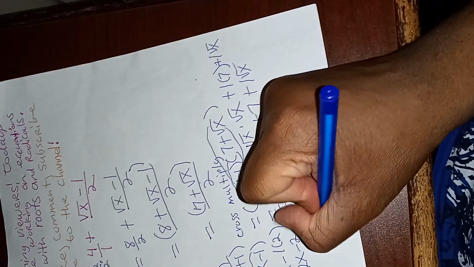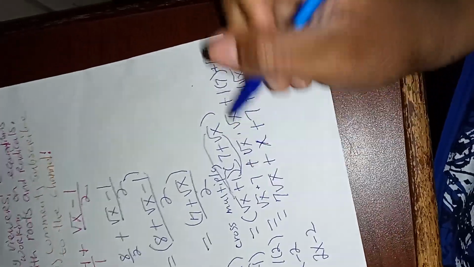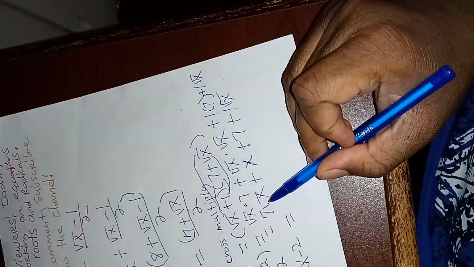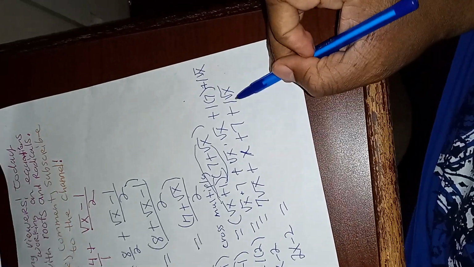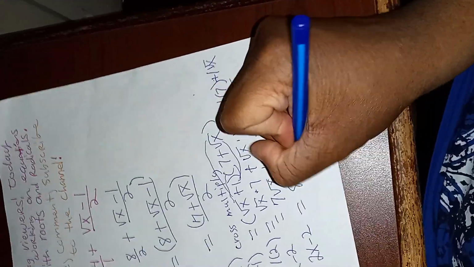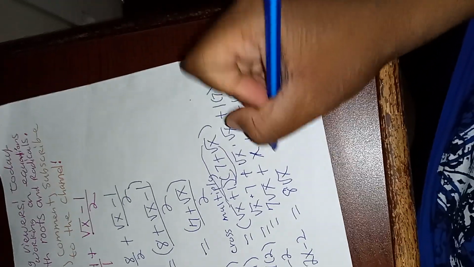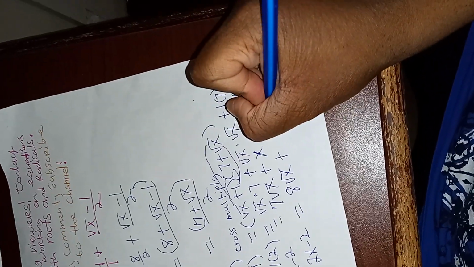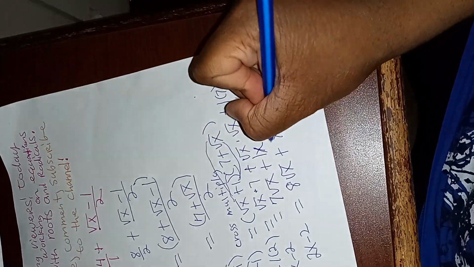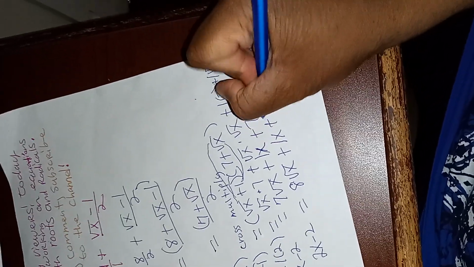So 2x minus 2 will equal 7 square root of x and plus 1 square root of x will make 8 square root of x, and then plus x, or you can put a 1 in front of that, make it 1x, and then plus 7.